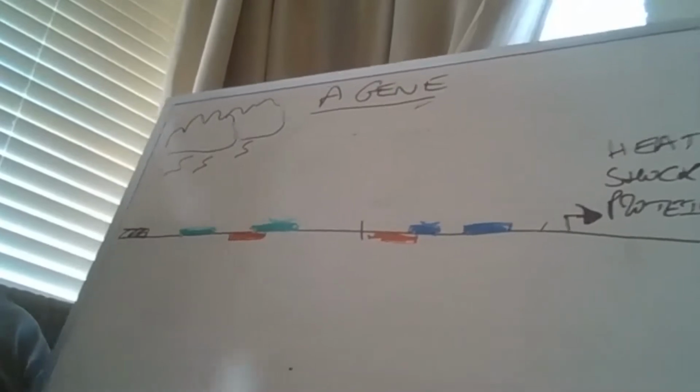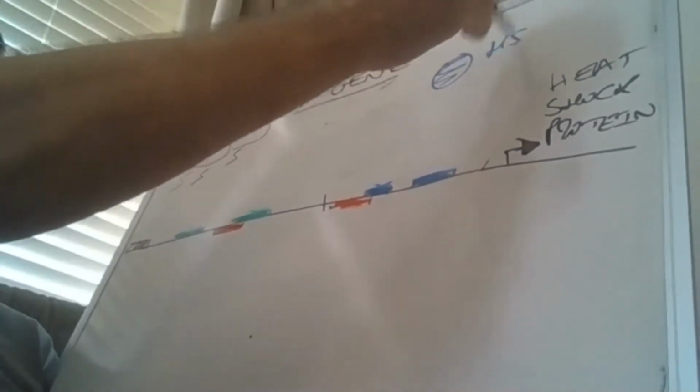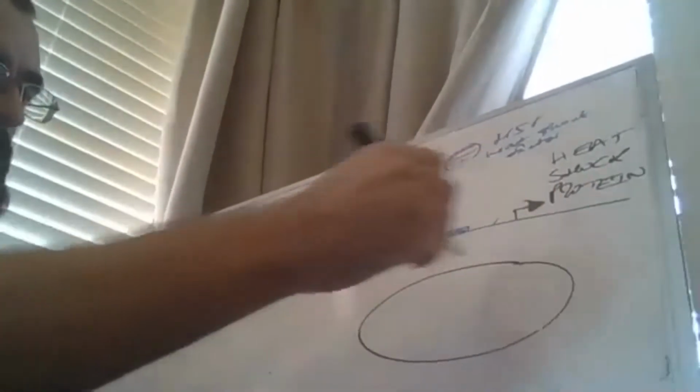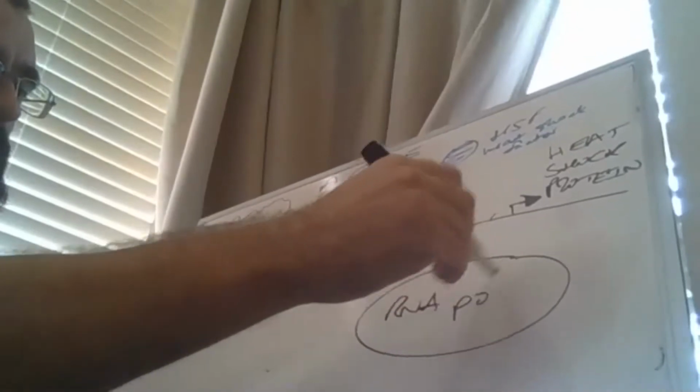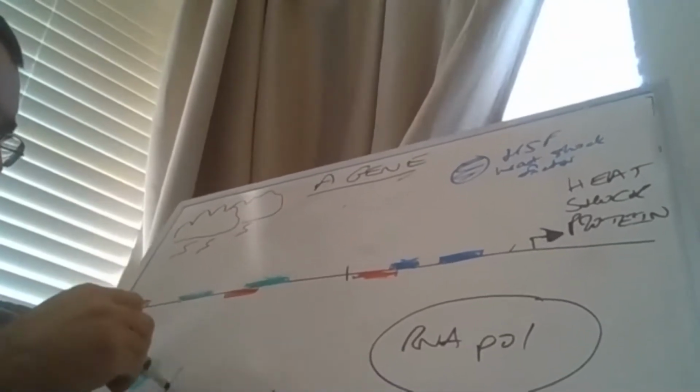Okay, so now maybe we've got the odd heat shock factor, maybe we have RNA pol, and perhaps we have the odd TAP, but we don't want this to be expressed.